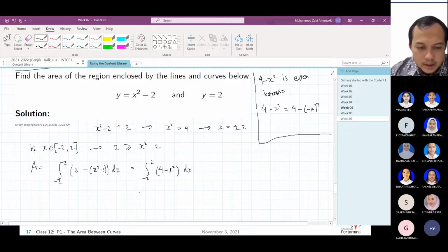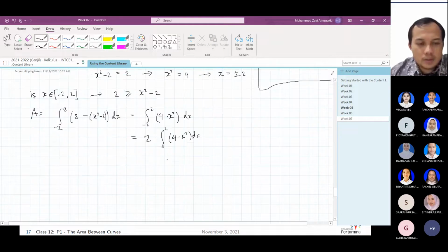Then we can just compute 2 times the integral from 0 to 2 of 4 minus x squared dx, because the limits of integration are symmetric, from minus 2 to 2.